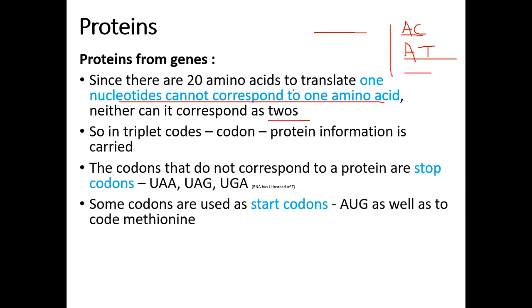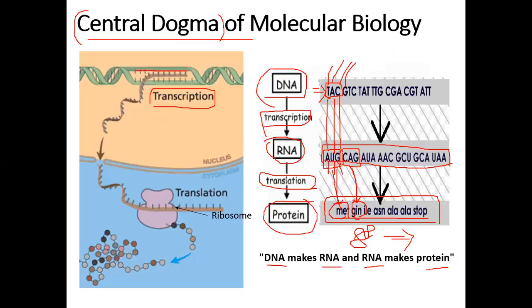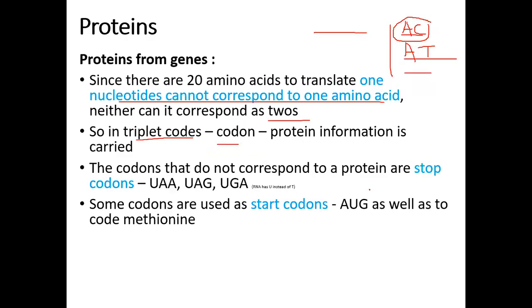Okay, so that's why we can't go for two groups. However, we can go to 3 groups, so triplet codons. So that's why we go for triplet codons. When there are 3, there are combinations we can write which are more than 20. Okay, so because of that reason, you can see how nature is working, isn't it? It's amazing. So these three sets would correspond to one amino acid because of that reason.